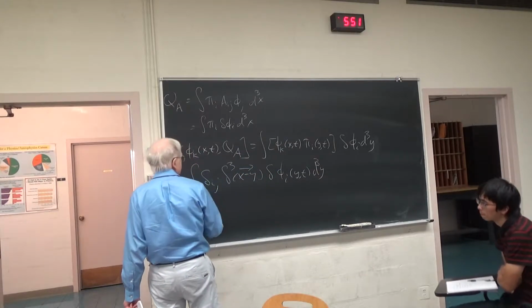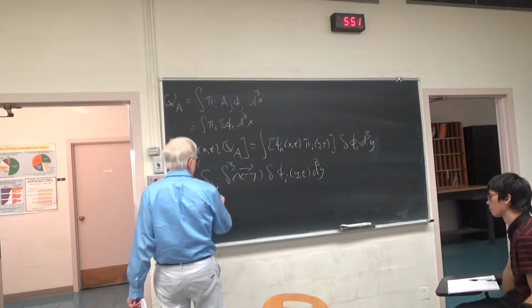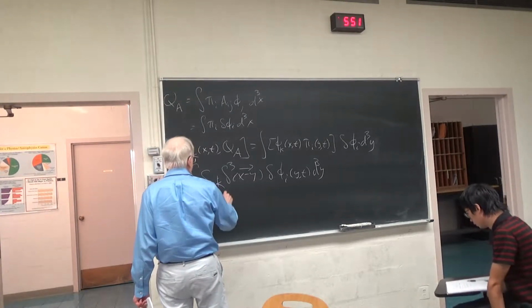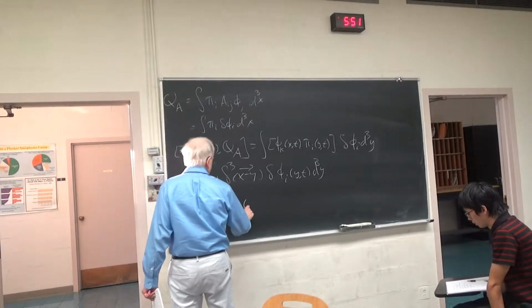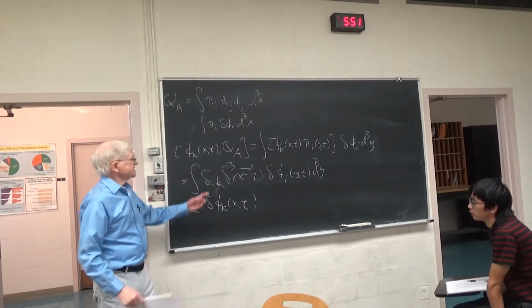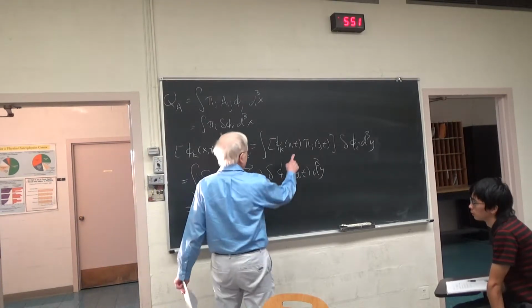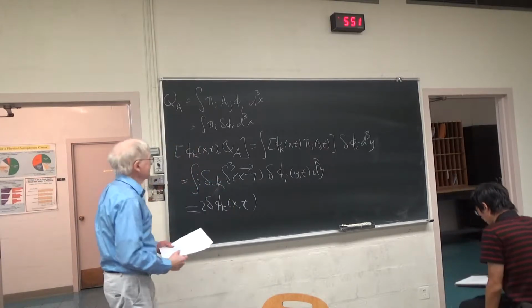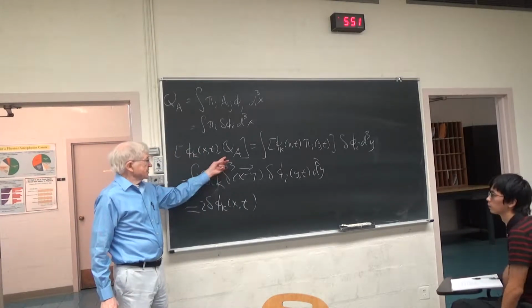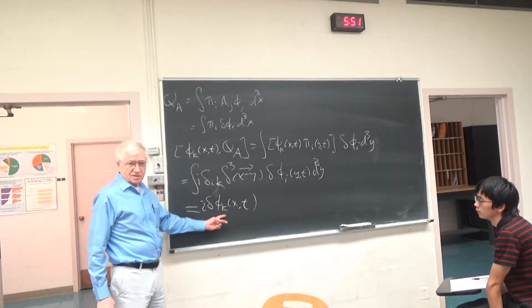And so you see that this is delta_ik actually. And so this is the change in phi_k of x and t. So you see the charge commuted with the field gives you that, and in fact, what I left out here was an i. So the commutator of the charge with the field gives you the change in the field.